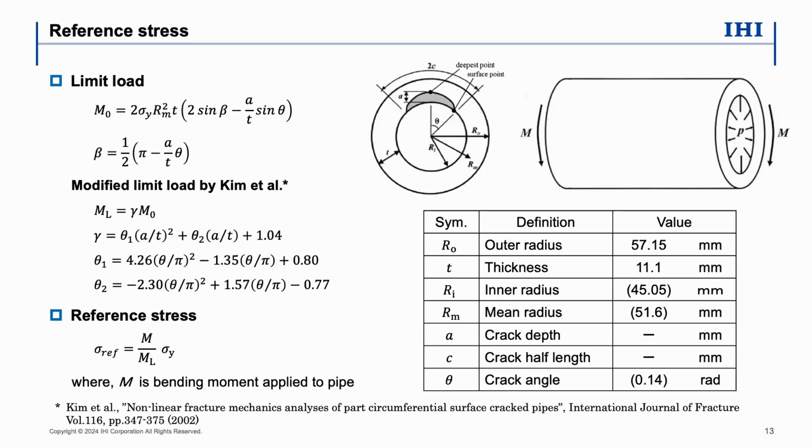So Professor Kim, YJ Kim from Korea University, proposed a modification of the limit load as shown here, and we considered this modification. Consequently, the reference stress is given by this equation, and we consider this equation.